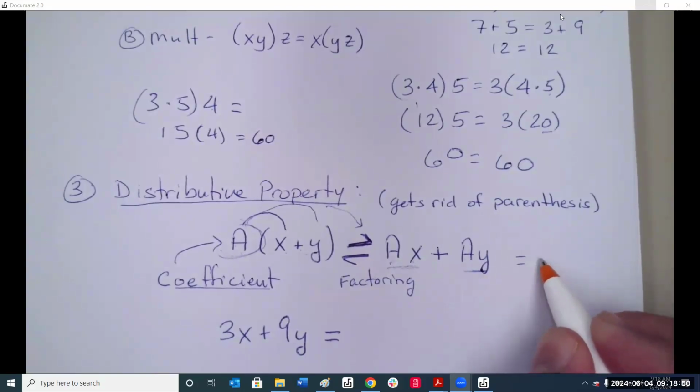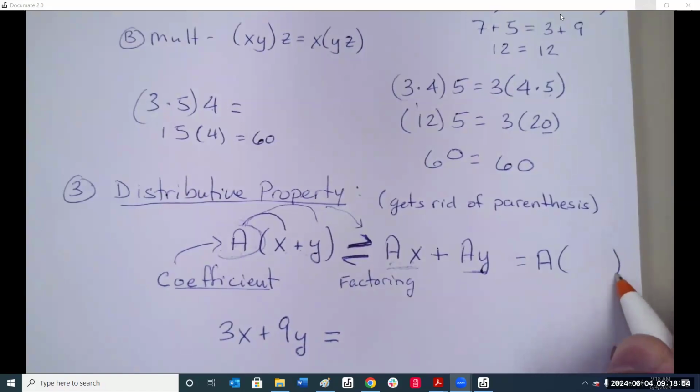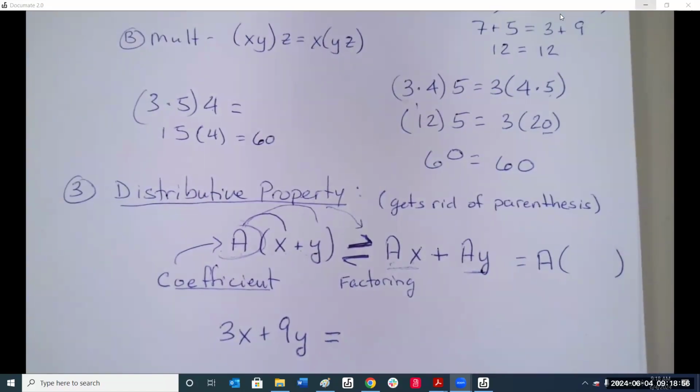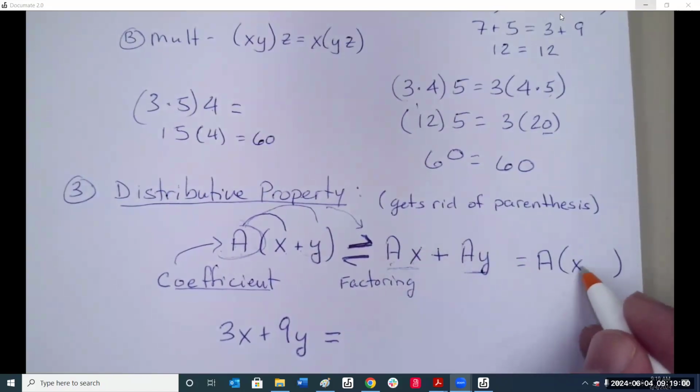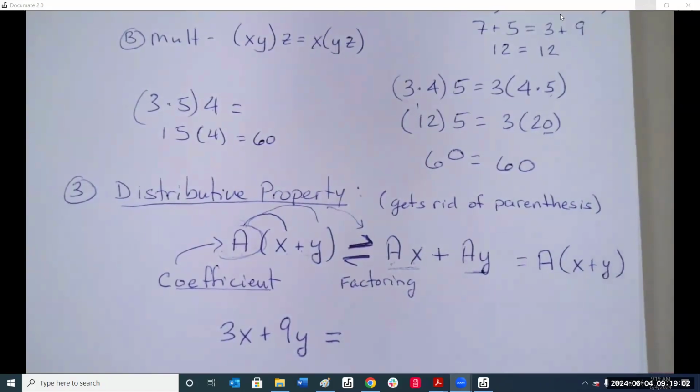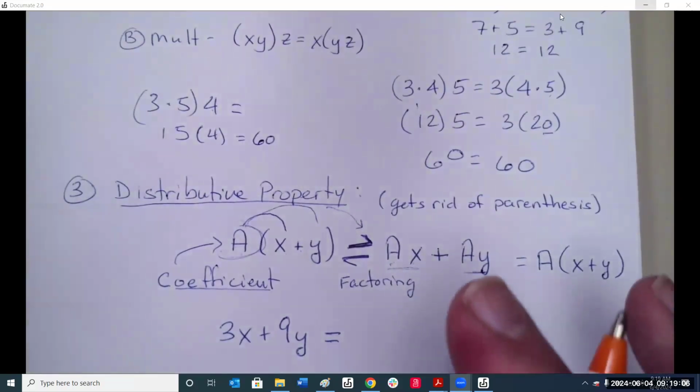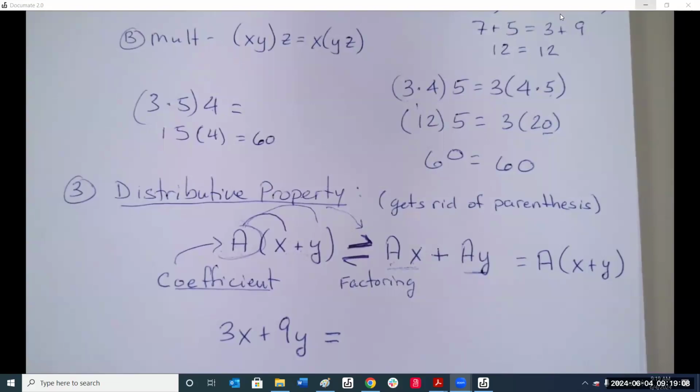So since they both have an A in common, we take it out. And whatever is left, we put inside the parenthesis. So if they both took out the A's, we have X plus Y. That's how factoring works. But that all falls under the guise of the distributive rule.